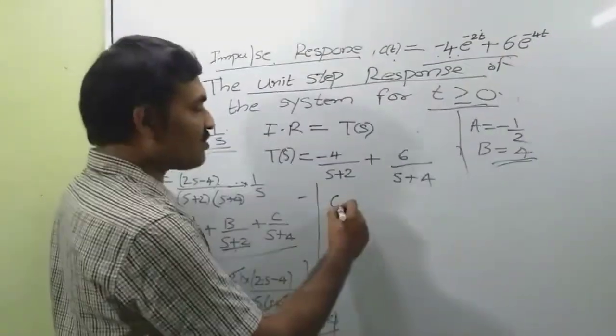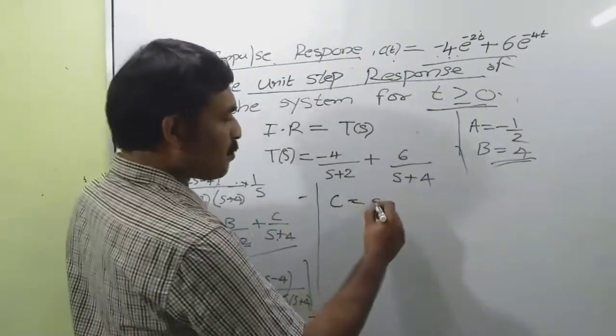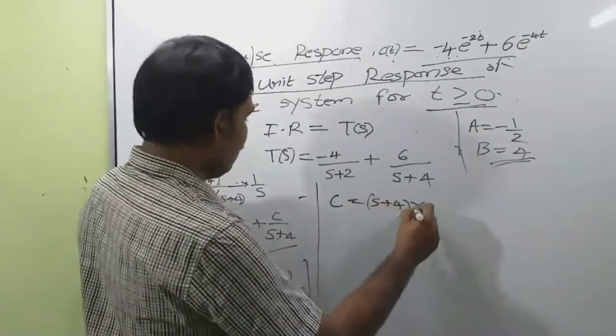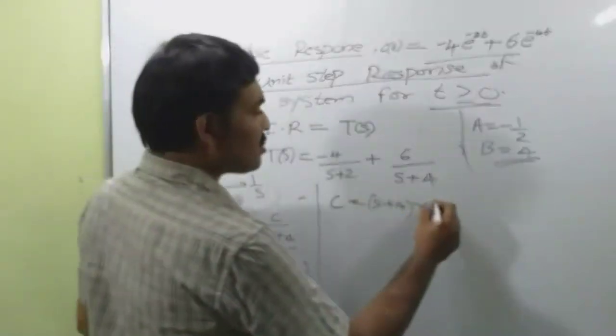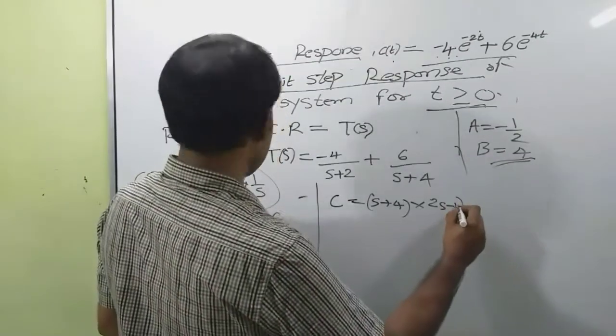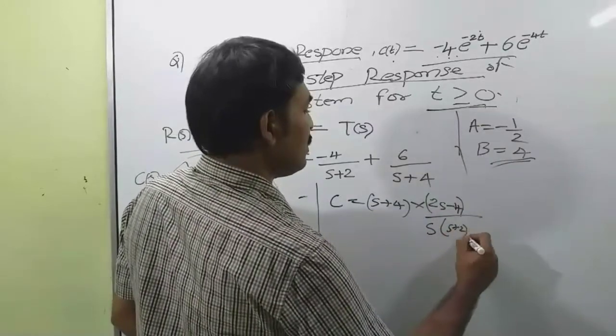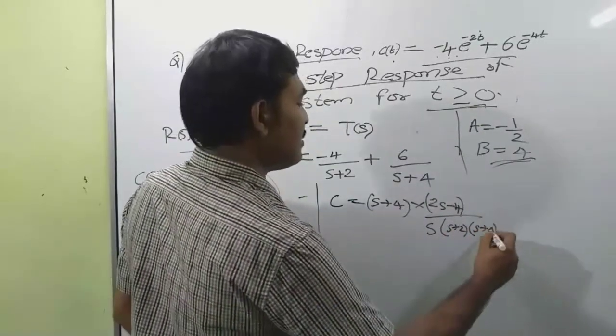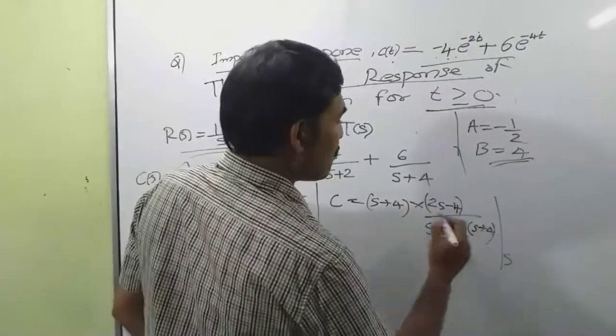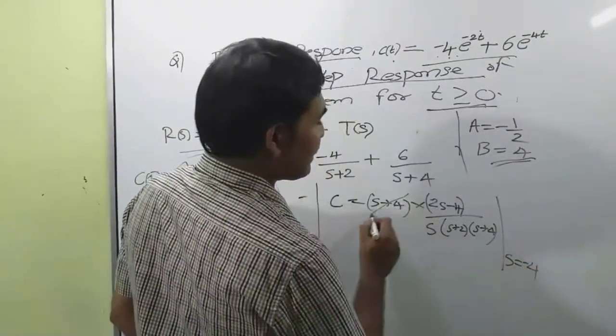Now the value of C is equal to (s plus 4) into this function, that is (2s minus 4) divided by s into (s plus 2) into (s plus 4), evaluating at s is equal to minus 4. This gets cancelled.